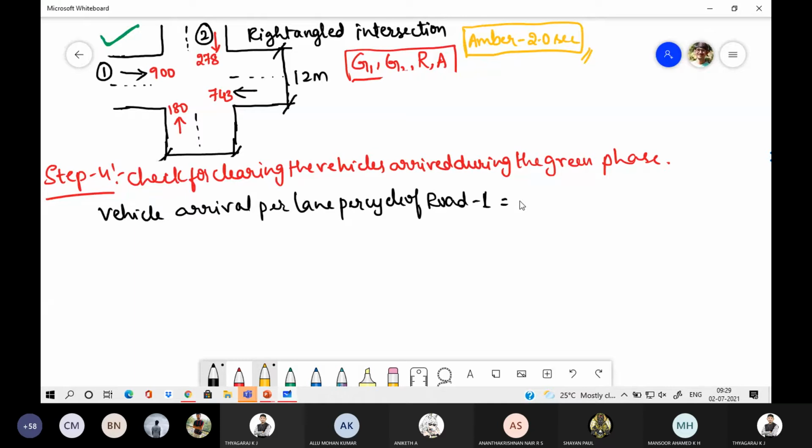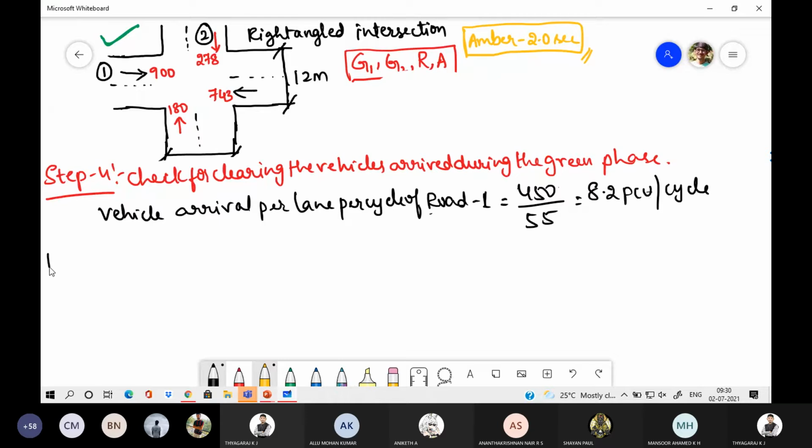In the starting only we have written, right? 450 divided by 55. So 8.2 PCU per cycle. So vehicle arrival per lane per cycle means the design traffic divided by the total signal time we are going to consider. So we are going to get 8.2 PCU per cycle.